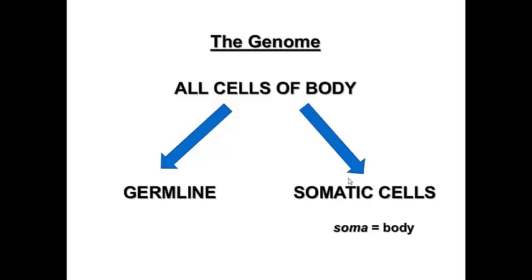It will be specified when we begin discussing germ cells of the germline. So keep in mind that as we go on, I will specify whether we're talking about gametes, namely sperm and egg. Otherwise, you just assume we're talking about good old somatic cells.